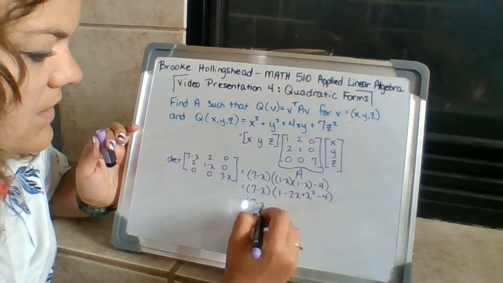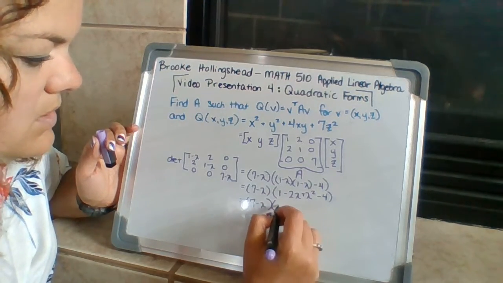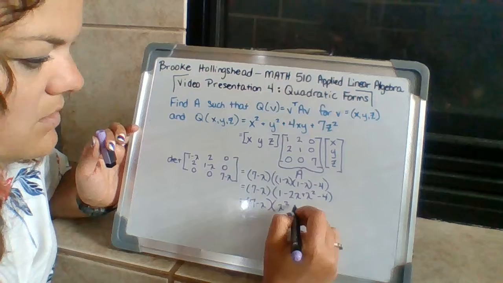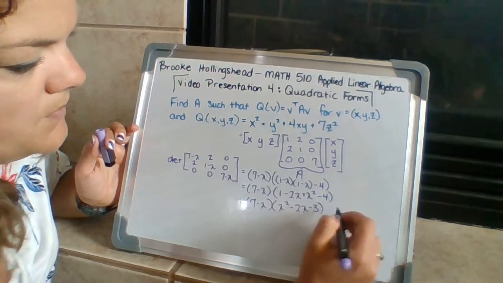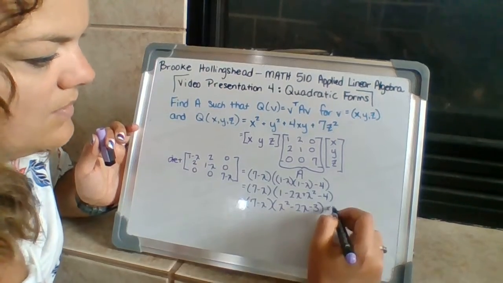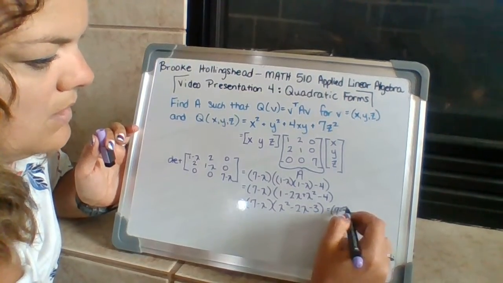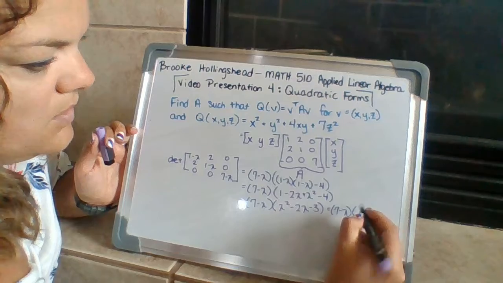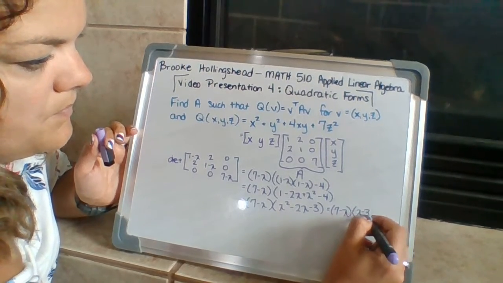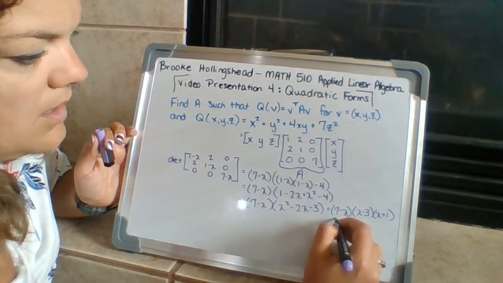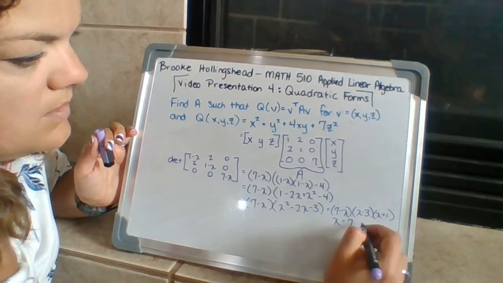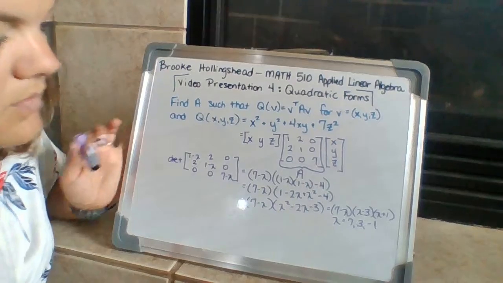I'm not going to multiply it out because it's going to end up being able to factor for us very nicely. Minus 3. And so 7 minus lambda, I can factor this back out, lambda minus 3 and lambda plus 1. And that gives us our eigenvalues of 7, 3, and negative 1.